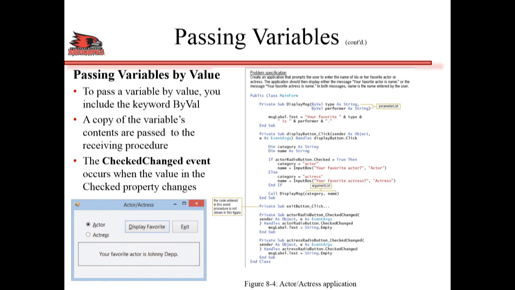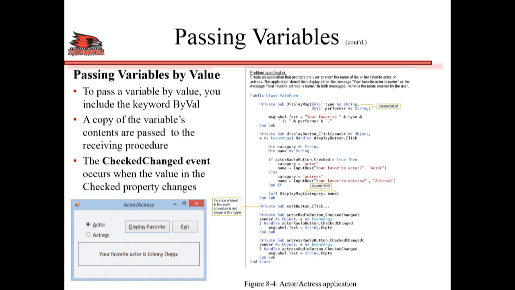And it takes the name, whatever the user input, and assigns the value of that variable to the performer parameter in the DisplayMessage procedure, which we defined earlier. So I hope this helps clear up the relation between the arguments in the call statement and the parameters in the procedure definition statement.